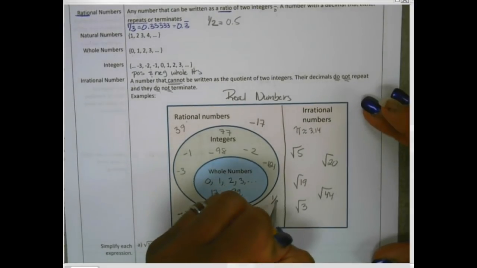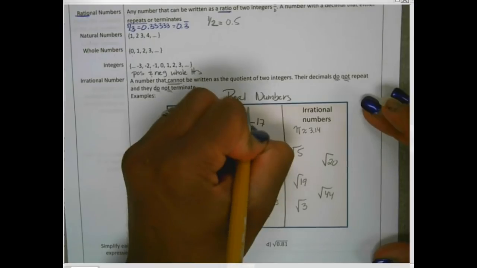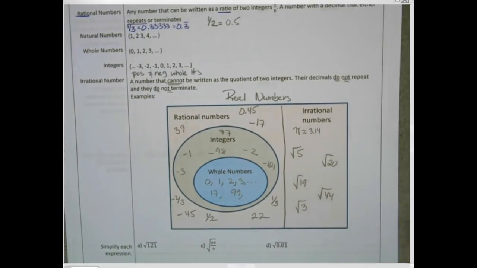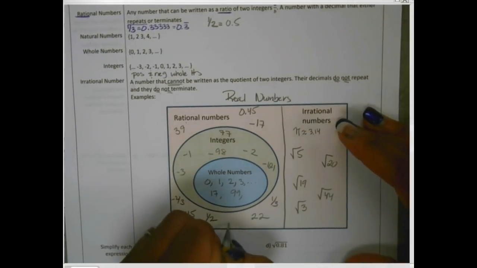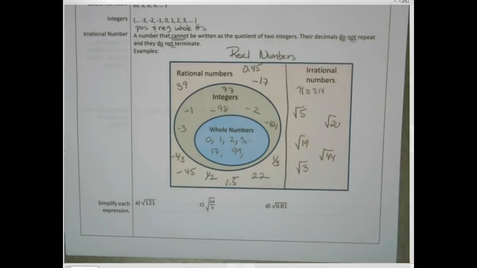It includes your 1/3. It includes your -2/3. It includes your decimals, 0.45. It includes all of that, as long as it terminates or repeats. So let me go ahead and write, let's say it was 0.5 repeating. Okay, that's the universe of numbers that we'll be dealing with in this class.